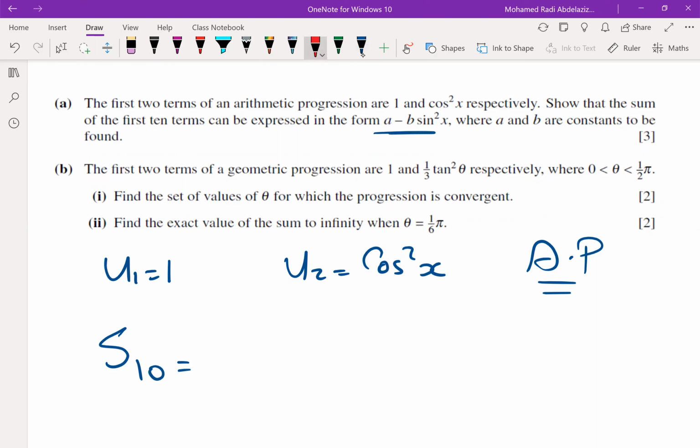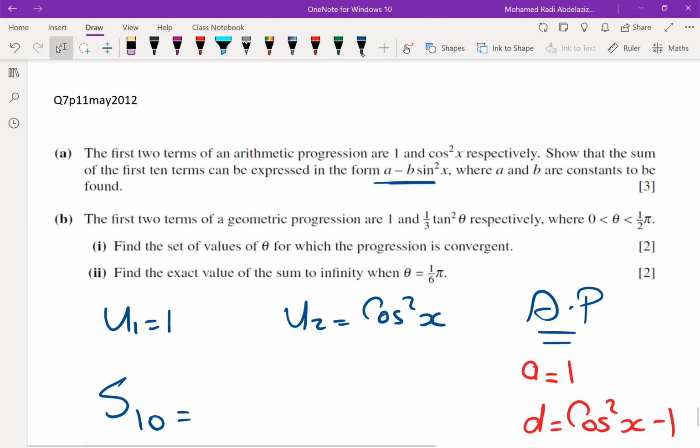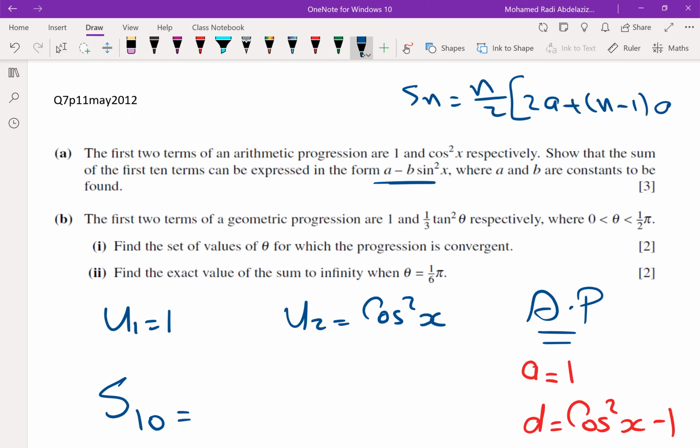The first term means we have the value of a, which is 1, and the value of d, which is the second minus the first, so cosine squared x minus 1. It's given the sum of the first 10 terms. The formula for the summation is S_n equals n over 2 times (2a plus (n minus 1) times d).